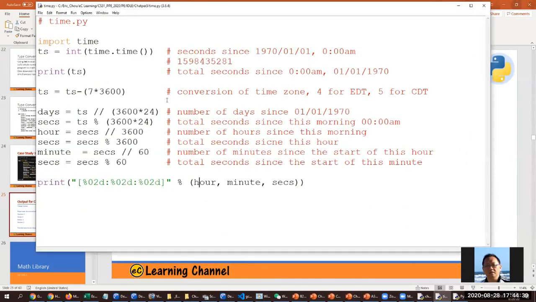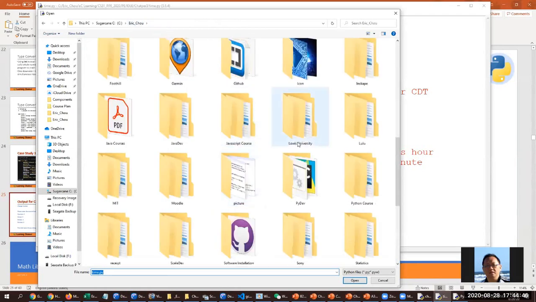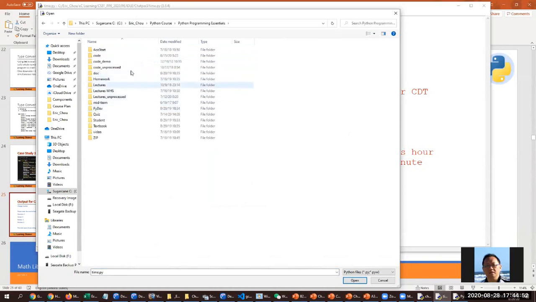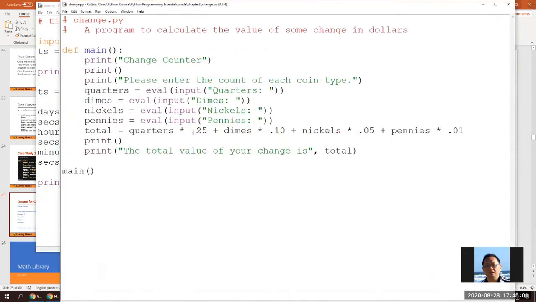So here I'm going to open my code, and this textbook version of change.py, you can get it from my website. So here I have change.py. Okay, that's wrong here.